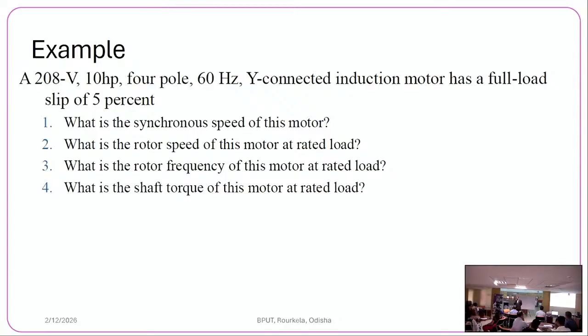The rated speed corresponds to 1710 RPM, which you convert to radians per second. 1710 revolutions per minute divided by 60 is revolutions per second. One revolution is 2 pi radians. So 2 pi into 1710 by 60 is the speed in radians per second, omega m.